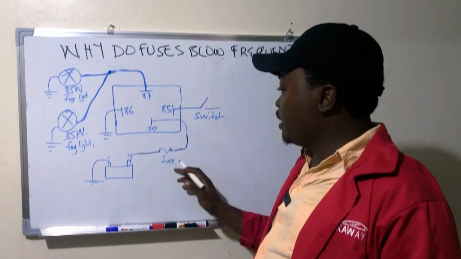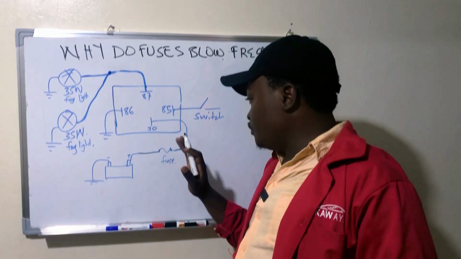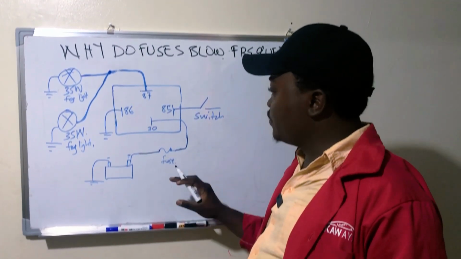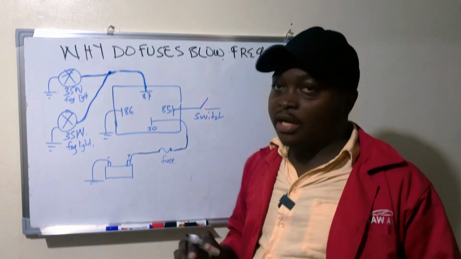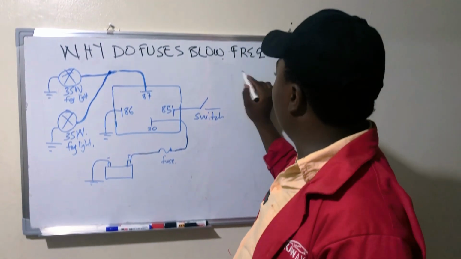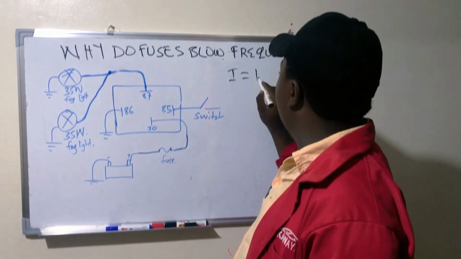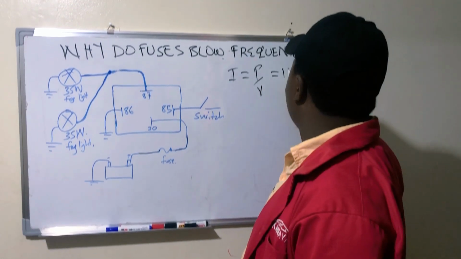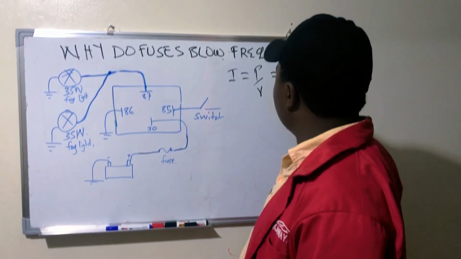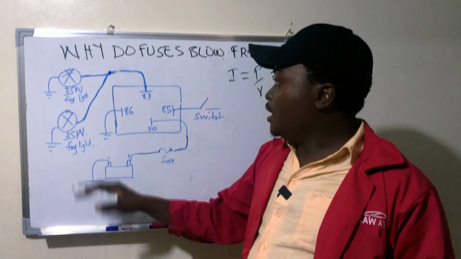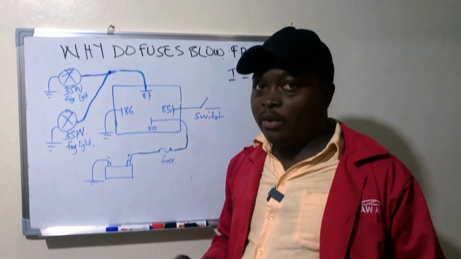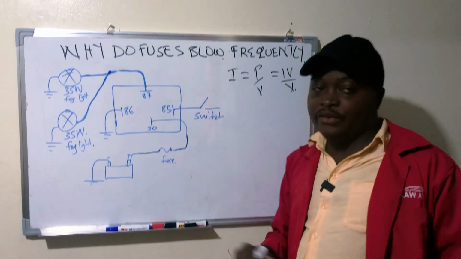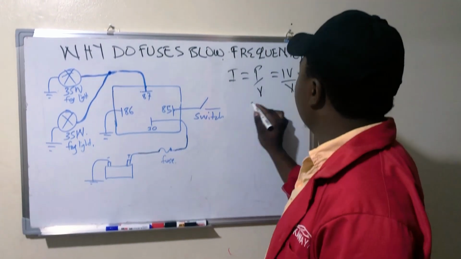So in order to determine the fuse rating or the current that must pass through this fuse, I'm going to use the formula current equals power over voltage. This is the same as I = P/V. So it's all current. I'm going to get the total power, which is 35 and 35, which is 70.